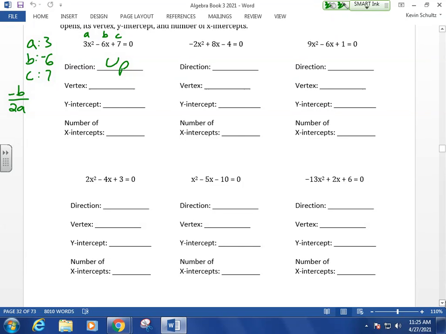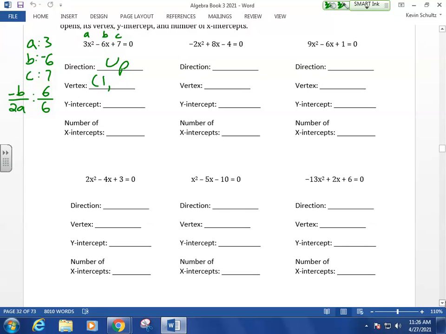We have to do a little bit more work to find the y. But negative b over 2a, which in this case, b being a negative 6, the signs will react to give us a positive 6 over 2 times a, or 2 times 3, which is 6. And so the x value of our vertex is going to be 1.